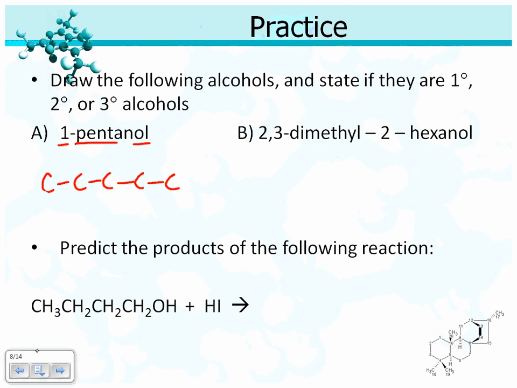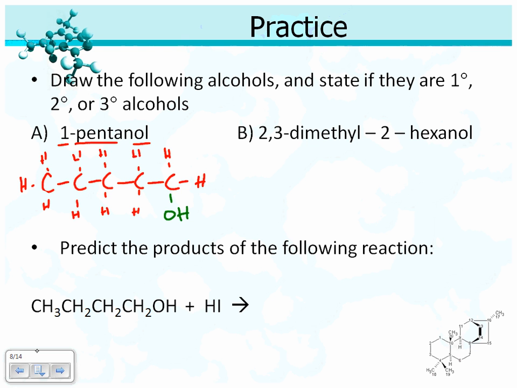I'll use the last one. So I put my OH group there. Then if you want to fill in the rest of your H's, you've got 3 H's on this carbon, 2 here, 2 here, 2 here, and only 2 here because this carbon is already bonded to an oxygen.